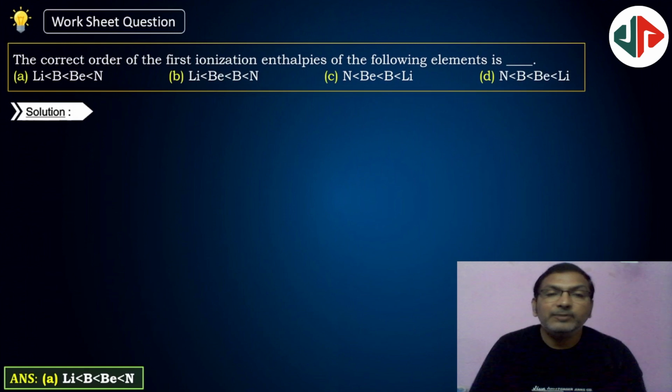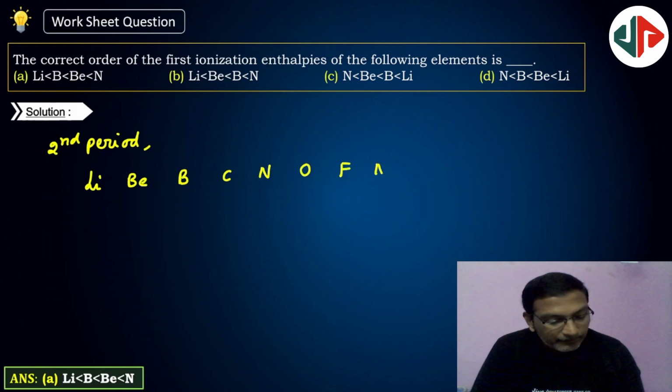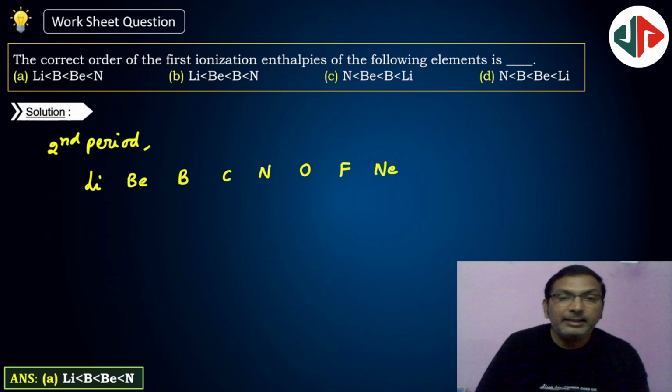Correct order of first ionization energies of the following elements. Here clearly second period elements are given. In case of second period: lithium, beryllium, boron, carbon, nitrogen, oxygen, fluorine, neon. These are the elements.